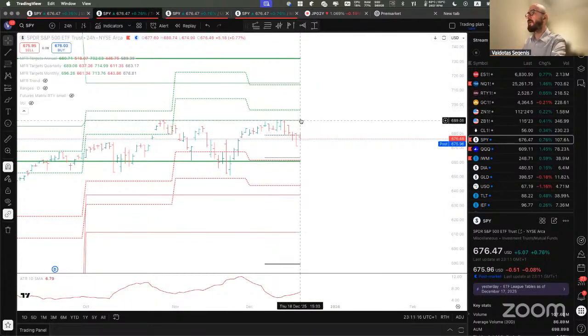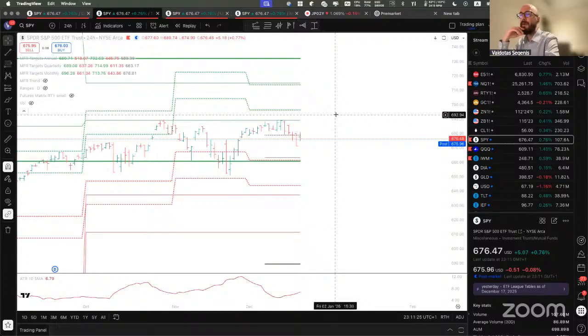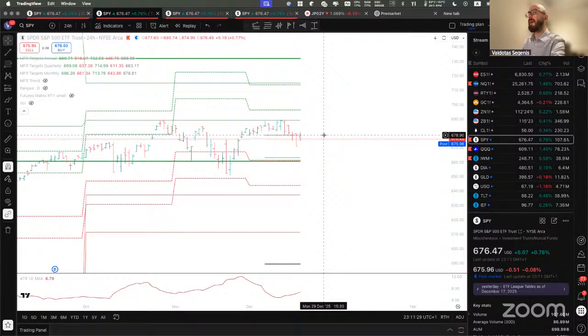So what do I mean by more aggressive? First, if you buy a 690 put and then you sell a 680, for example, because we have our pivots, we have targets, everything matches up. The market basically reached all the targets that it wanted to reach.